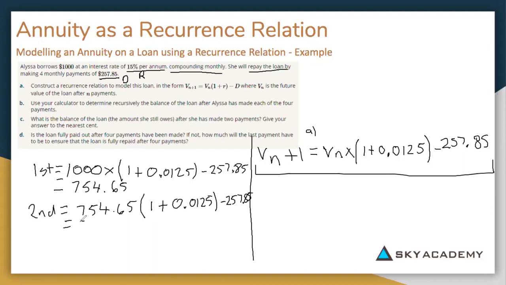And this one's going to equal 506.23. For the third year, you would use 506.23 in the Vn. I don't have enough room, so I'm not going to write out the equation, but it would be the exact same as what you did for the first and second year, but instead of doing 1,000 or 754, you'd use 506.23.